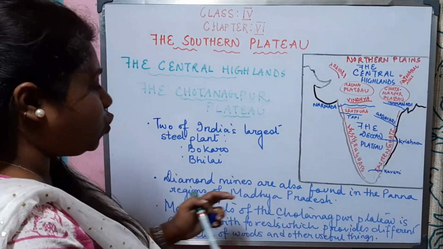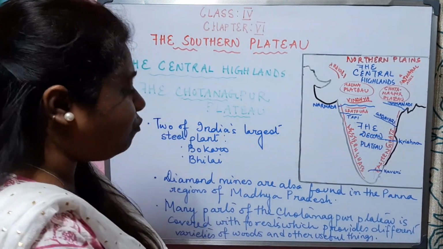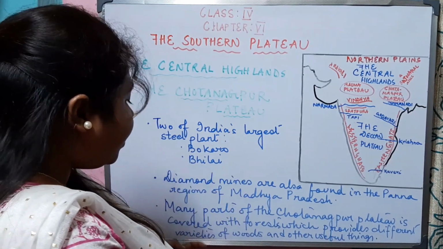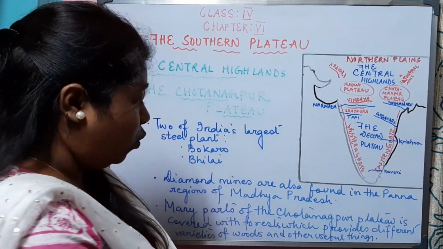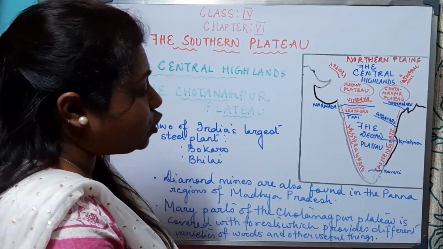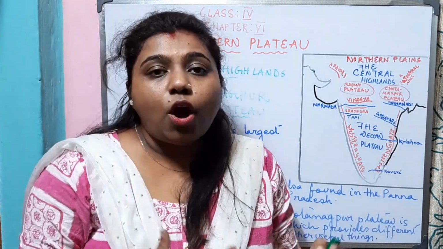So, many parts of the Chotanagpur Plateau are covered with forest, which provides different varieties of wood which have high commercial value and other useful things which can be utilized by all of us.